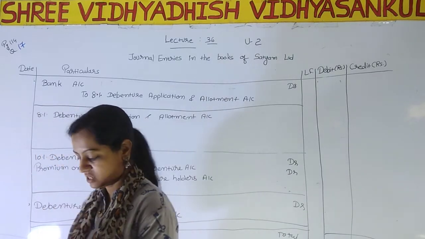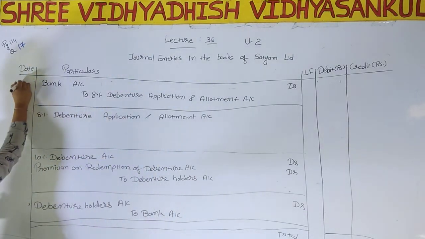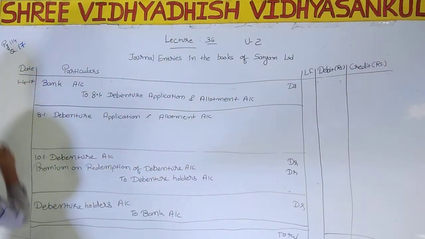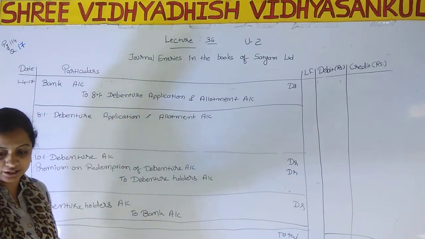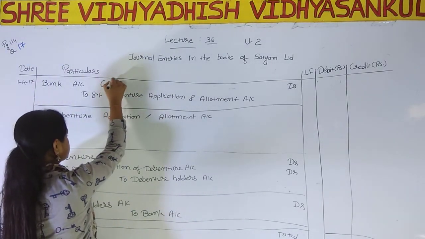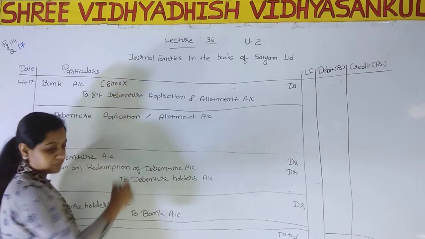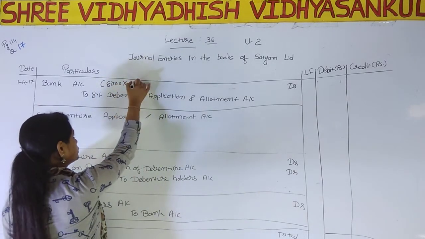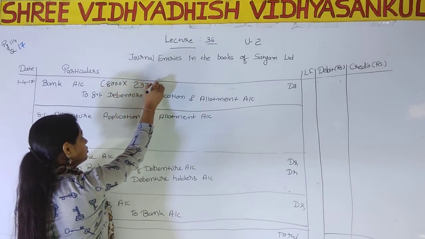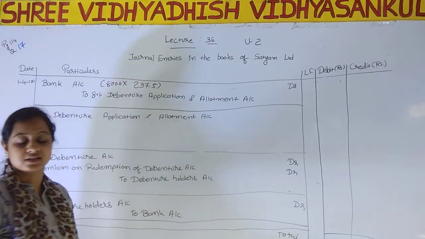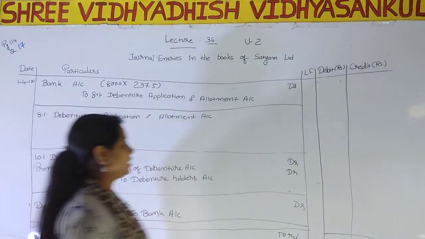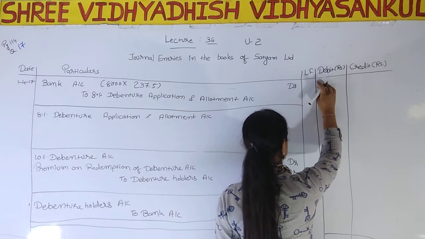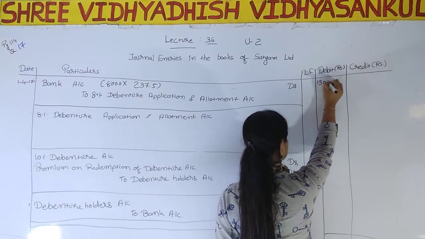The date of issue is 1/4/17. We have issued total 8,000 debentures at a price of rupees 237.5, because 12.5 rupees is discount. So the amount will be 19 lakh.